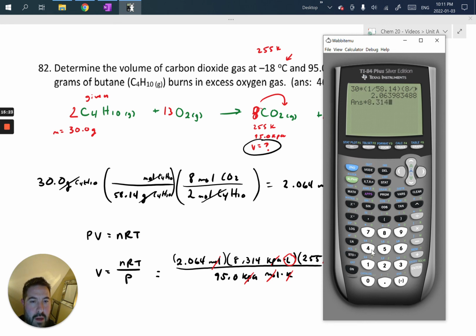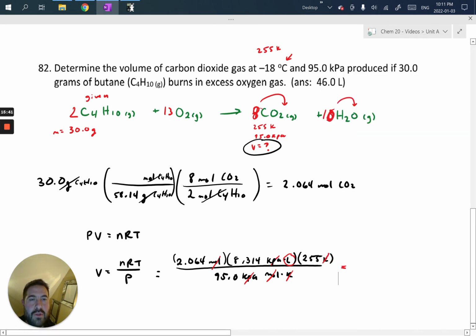I'm going to multiply that by 255, and then divide it by 95 kilopascals, and I'm going to get the answer 46.06. So the answer here is 46.0.